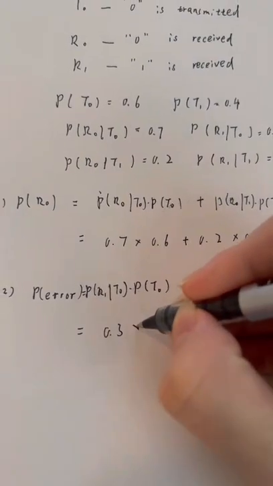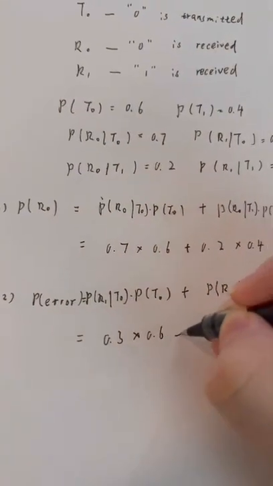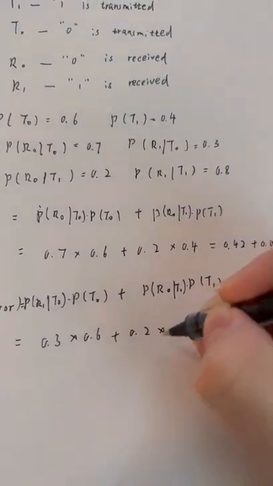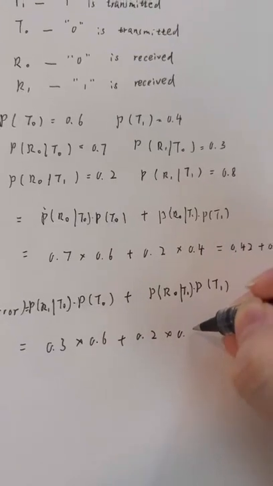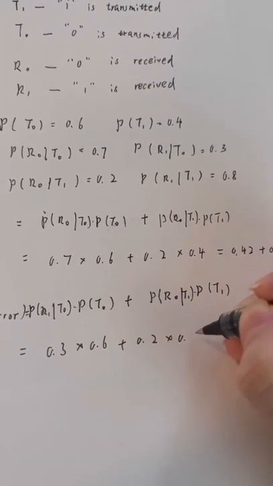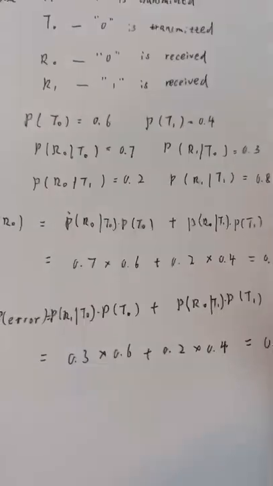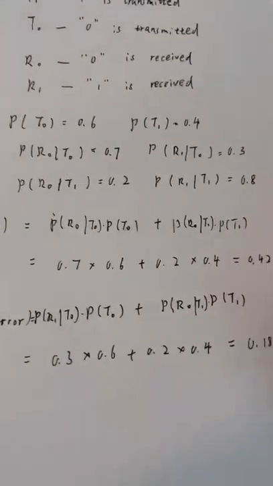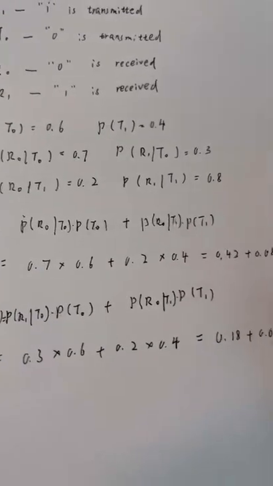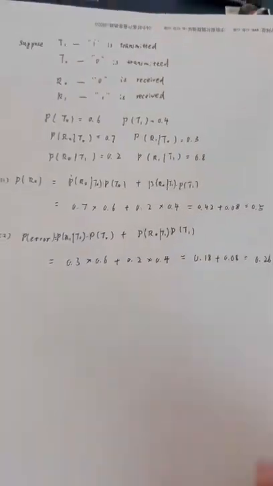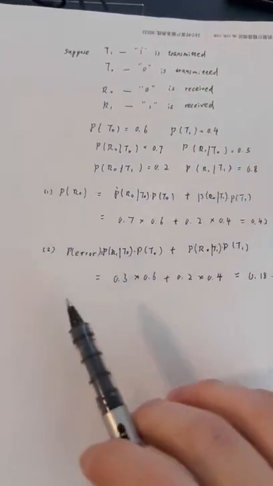P(R1) under T0 is 0.3 times 0.6, plus 0.2 times 0.4. So it equals 0.18 plus 0.08, which is 0.26. So that's the result of the second subproblem.